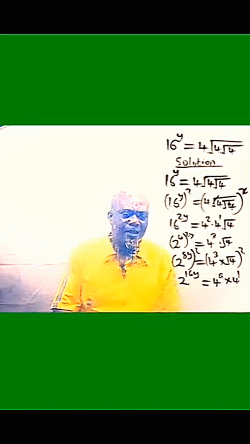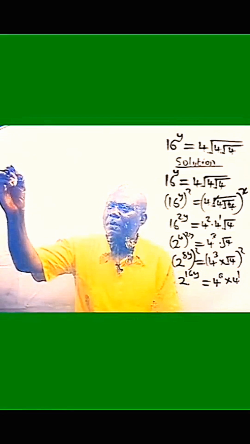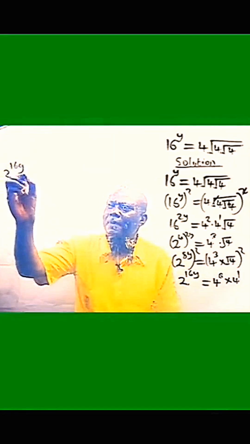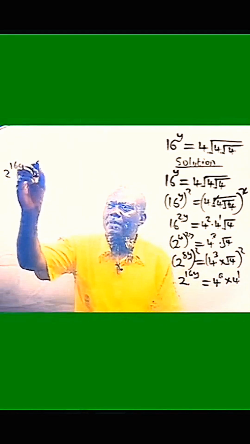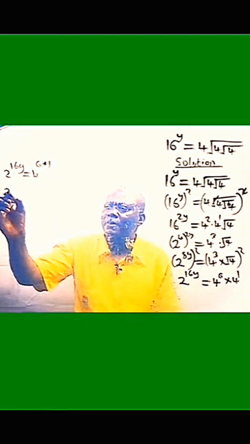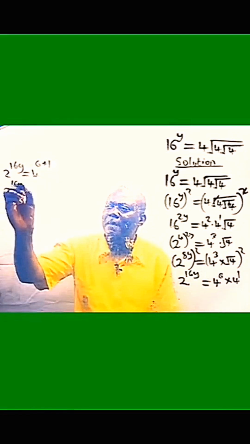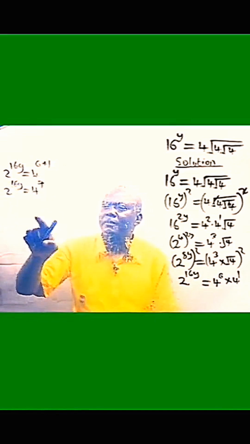So it has become 2 to the power 16y equals 4 to the power of 6 plus 1. So 2 to the power 16y equals 4 to the power 7.